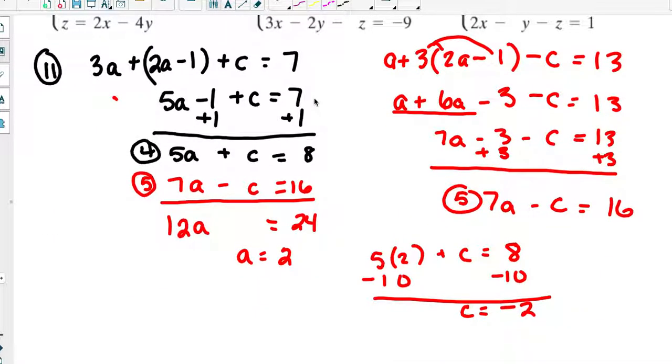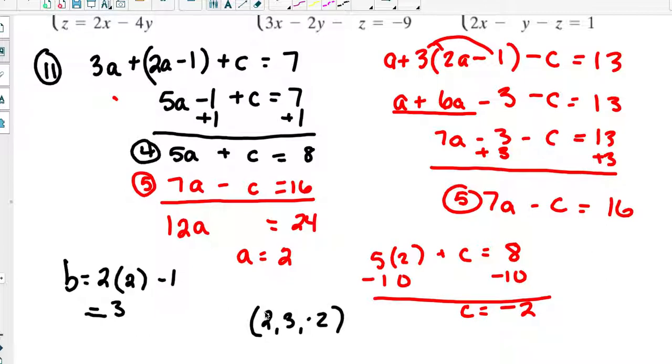B is equal to 2a minus 1. So b equals 2 times 2 minus 1, which is 4 minus 1, which is 3. Now we write that as the ordered triple, alphabetic order, 2, 3, negative 2. So 2, 3, negative 2, and that is your answer.